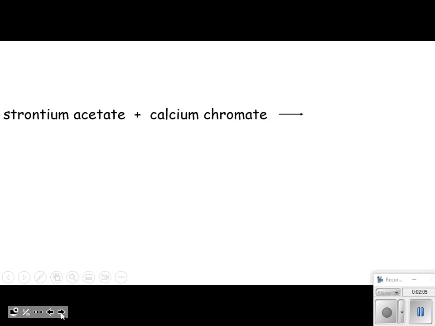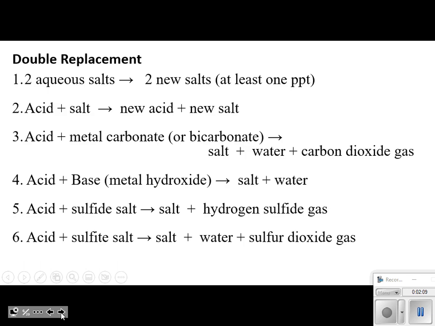Here's our first example, but let's look at the different types of double replacement reactions. As you can see way up here at the top, two aqueous salts yield two new salts with at least one a precipitate. Now, what is a precipitate?